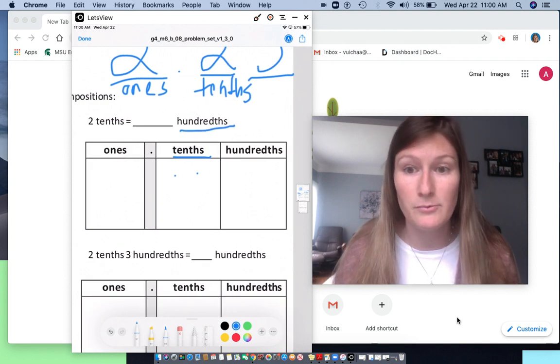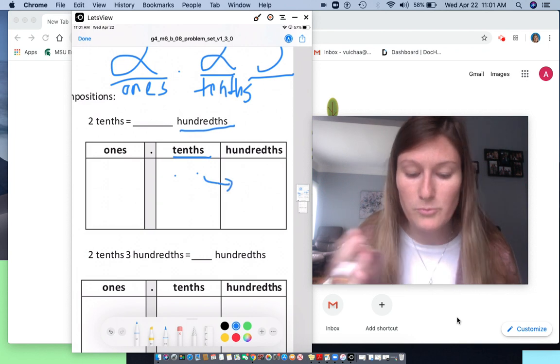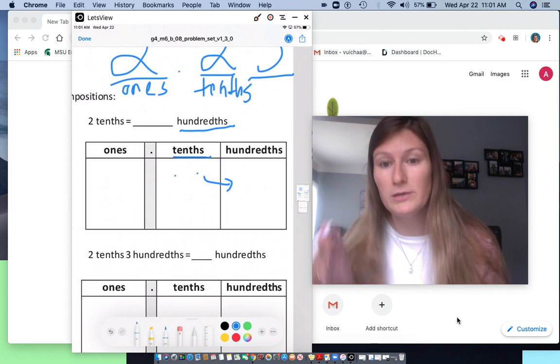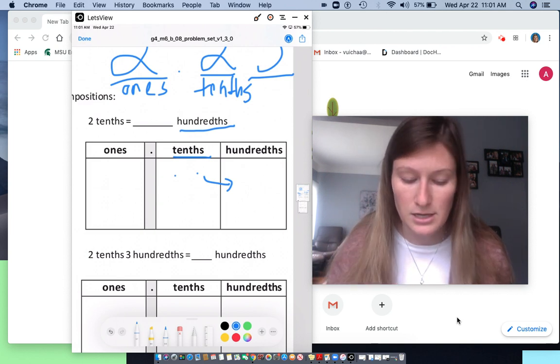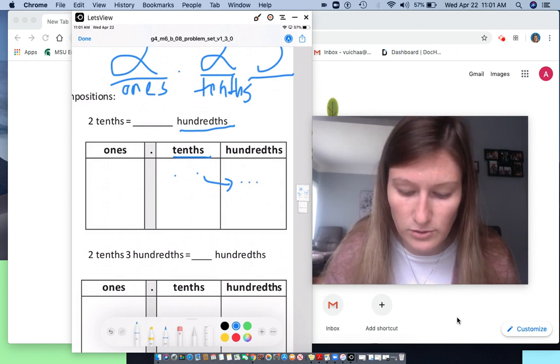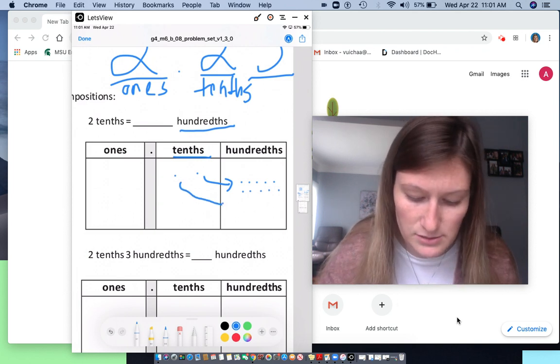Now I'm going to find out how many hundredths. To find that, remember, when we move from one place value to the next place value, we need to make a decomposition of 10. So if we're going from tenths to hundredths, that's 1, 2, 3, 4, 5, 6, 7, 8, 9, 10. And then we move this tenth to the hundredths.